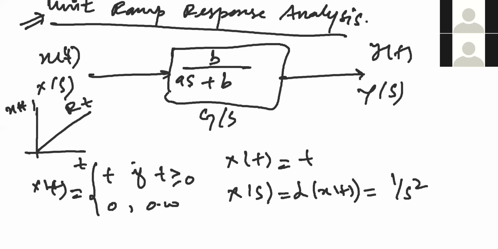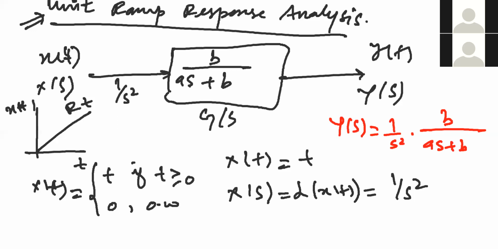So this means that y(s) will be equal to 1 over s square multiplied by the transfer function, b divided by (as plus b).